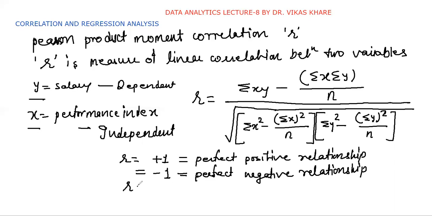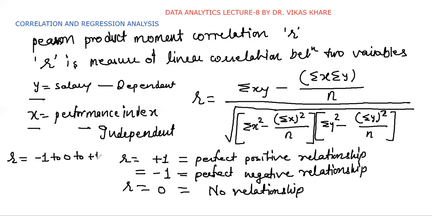Then if r is equal to 0, there is no relationship. So in other words, the range of small r is -1 to 0 to +1.